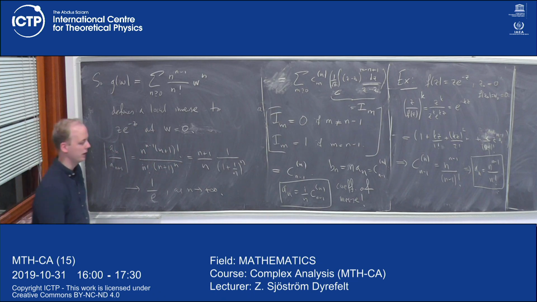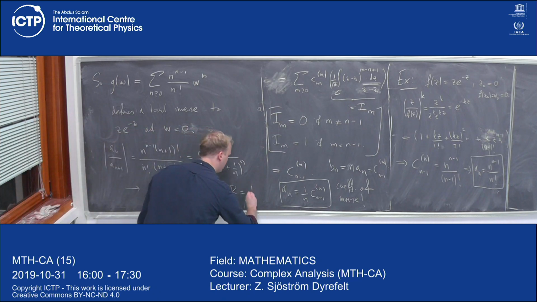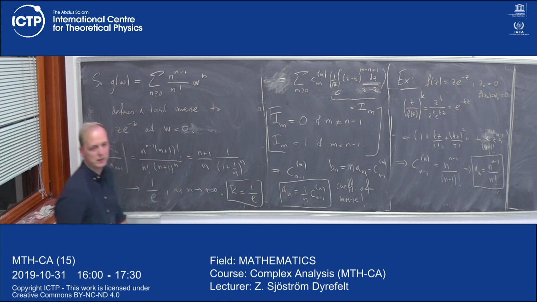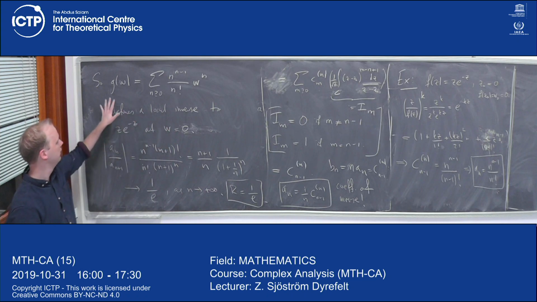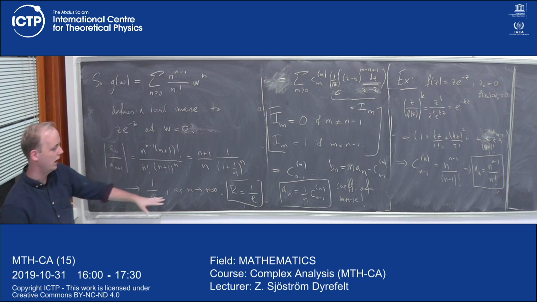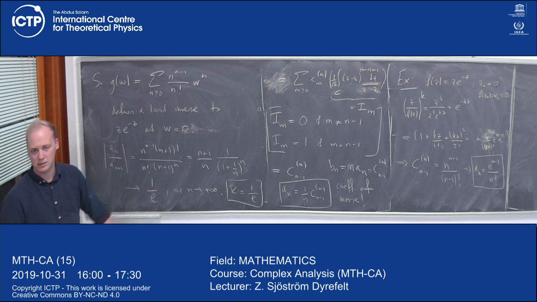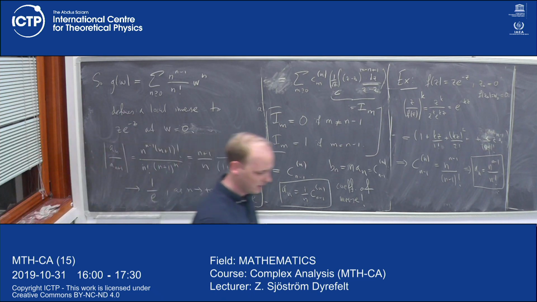Okay, and so the radius of convergence is equal to this. So you get the local inverse around W equals 0, and it's convergent at least when the radius of convergence is this. Yeah, I'm very disappointed you didn't all find that solution. Precisely because we could.